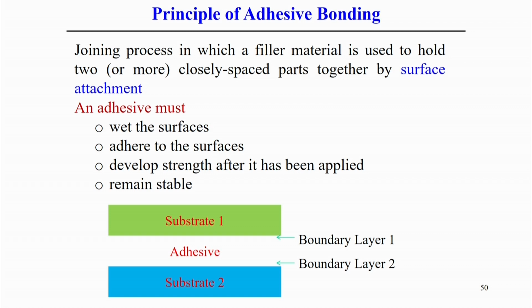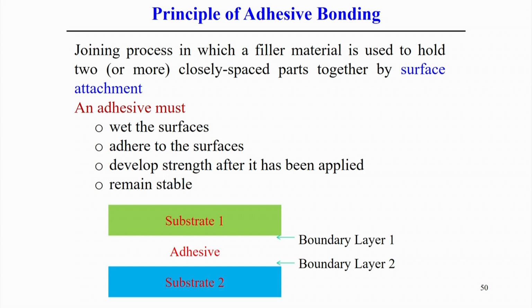When you use adhesive to join two substrates, as in the figure, substrate 1 and substrate 2 are joined using some adhesive. The most important factor is the type of adhesive. The second important point is, when you join substrate 1 and substrate 2, what the gap may be, that is, the thickness of the adhesive.